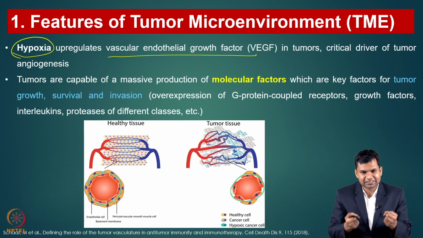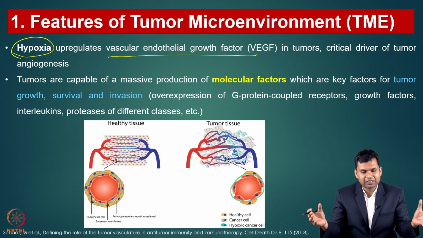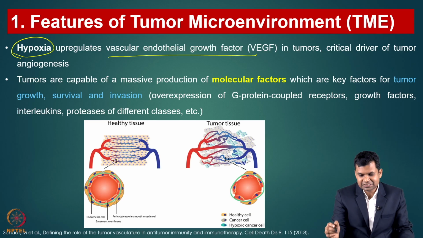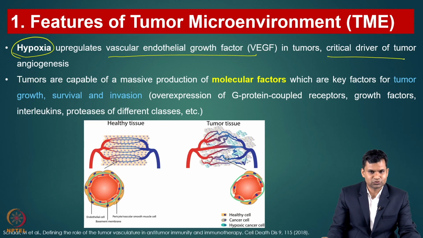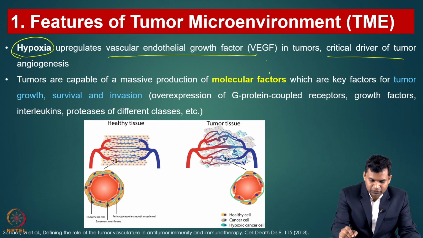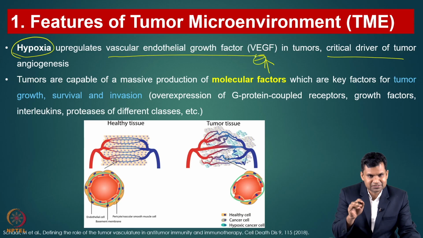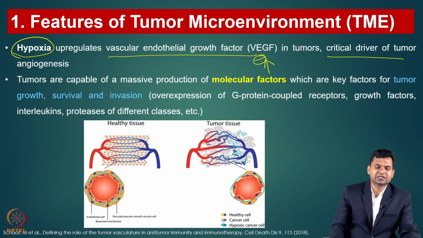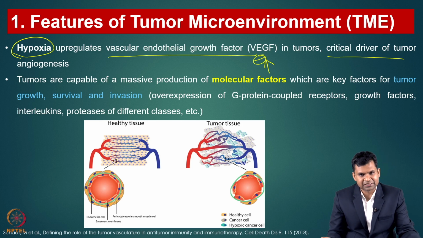So, the cell can get more blood, more oxygen, and more nutrients for growth. This is a very critical driver for angiogenesis. So, by controlling this you can also control tumor growth. VEGF targeting is also one of the major strategies in cancer therapy.